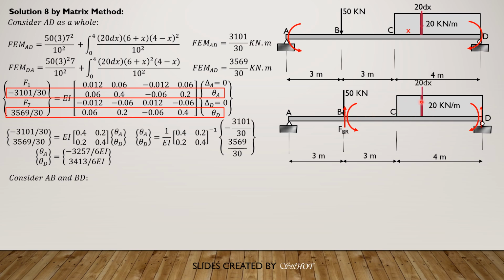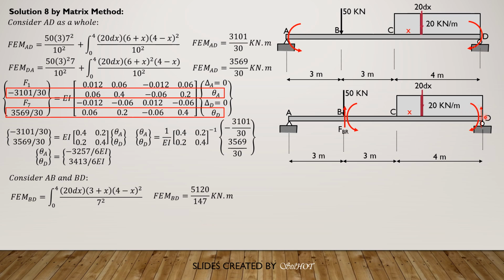So this is 20 dx again, then this is x, and therefore fixed moment BD is equal to integral of 20 dx times 3 plus x times 4 minus x quantity square over 7 square. So that's the only thing, because 50 is acting at the fixed end. It has no contribution to fixed end moment, but it is considered part of the vertical load later. So it is equal to 5120 over 147 kilonewton meter.